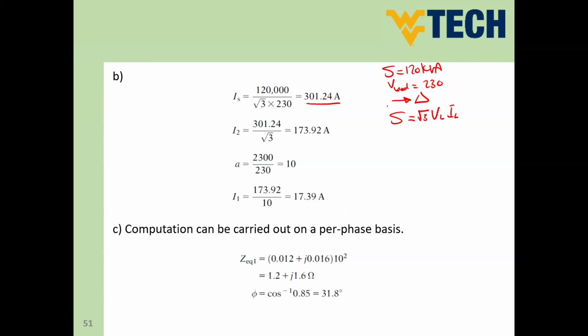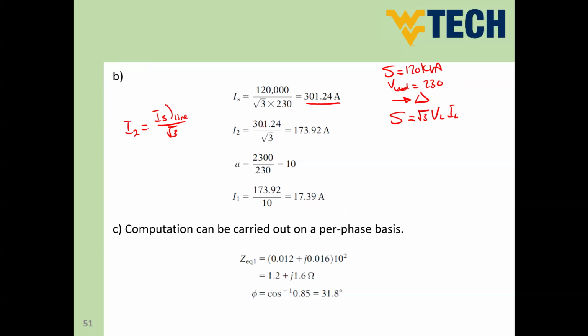So if you would like to get the phase current of your secondary side, it would be I line divided by root 3 because it's delta connection. So we can say now I2, which is the secondary side current, equals I S, which is line, divided by root 3 because this is delta connection.